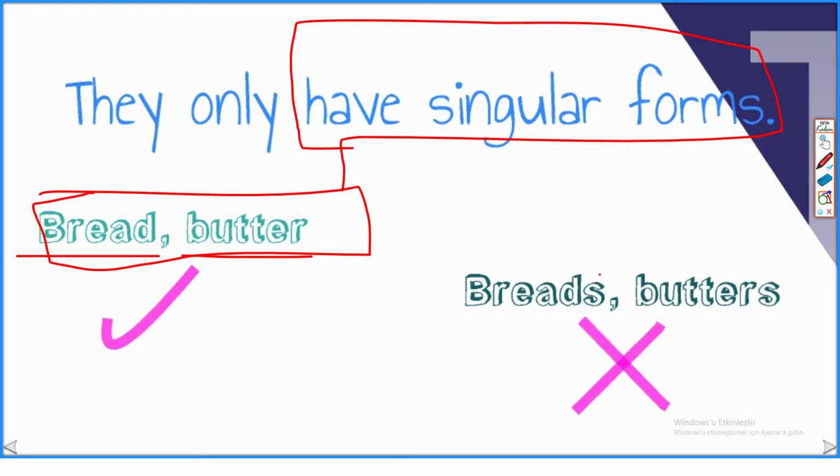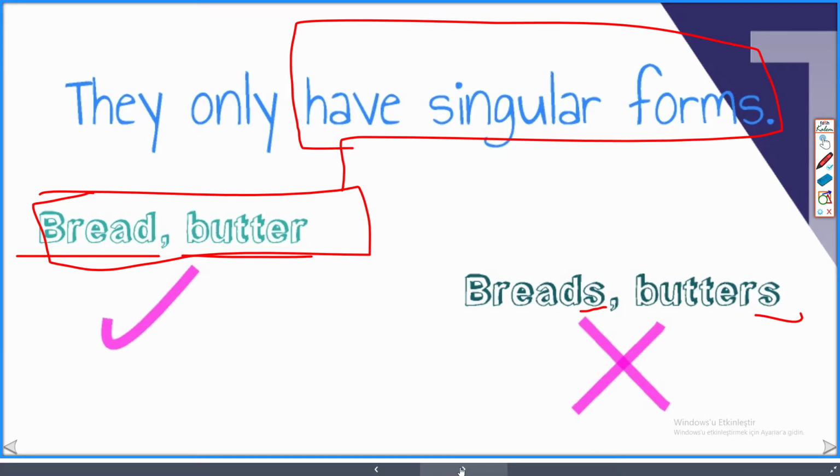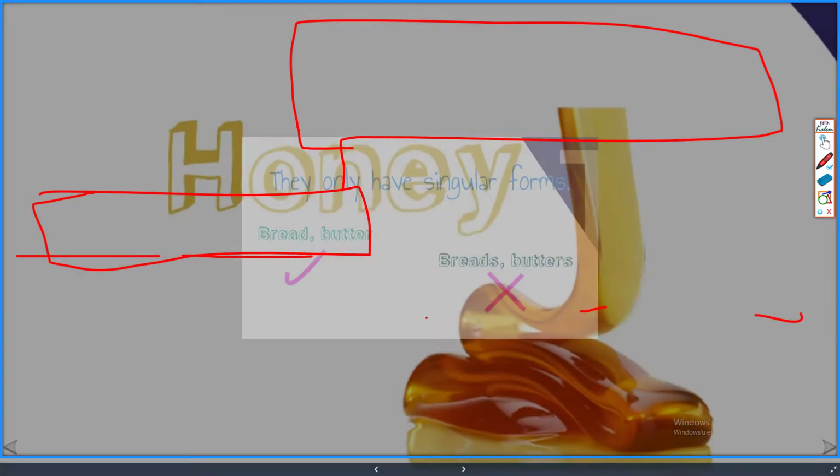They can't be plural. Breads and butters, no, but we have some bread, some butter, but we can't say butters and breads, because they have only singular forms. Understand, guys?